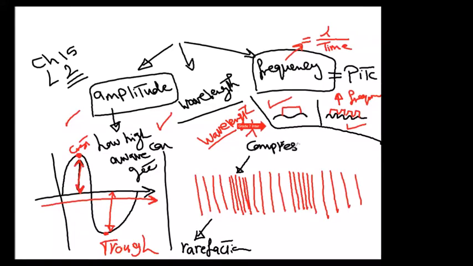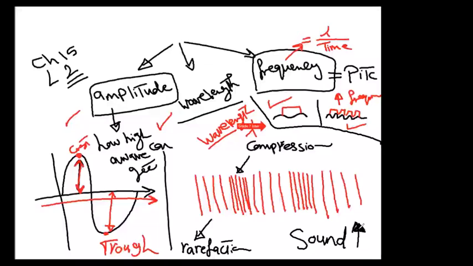If I have a longitudinal wave, we know that it's where some particles are closer to each other, others are far from each other. So we have here compressions and rarefactions.